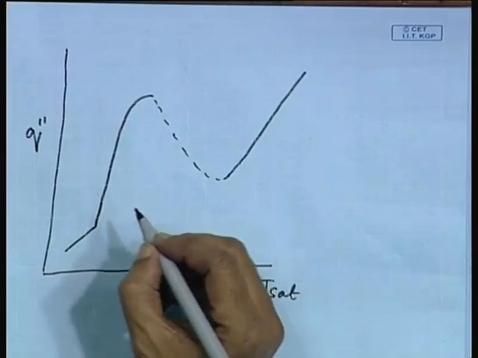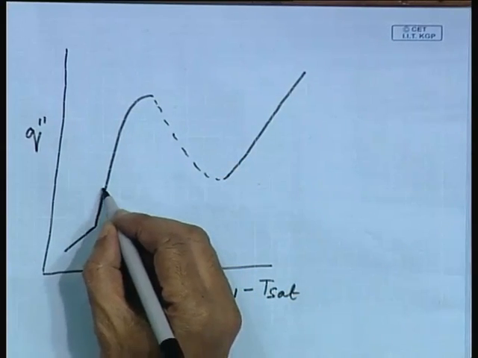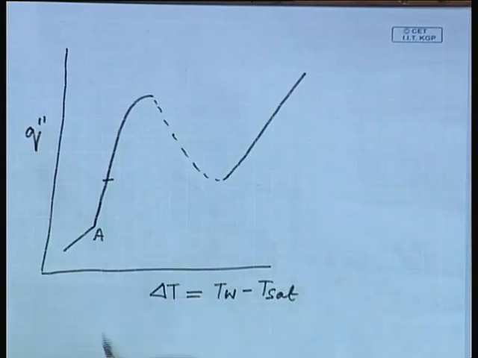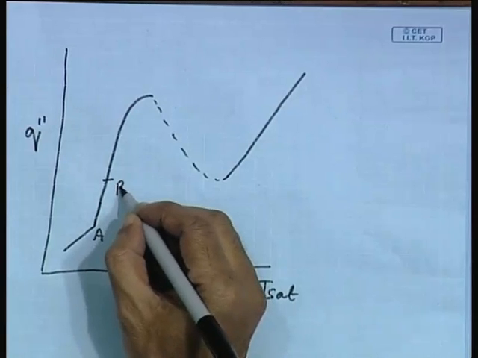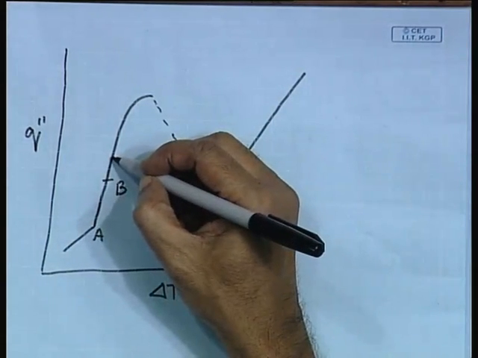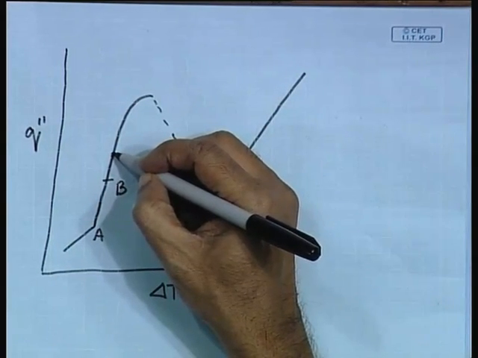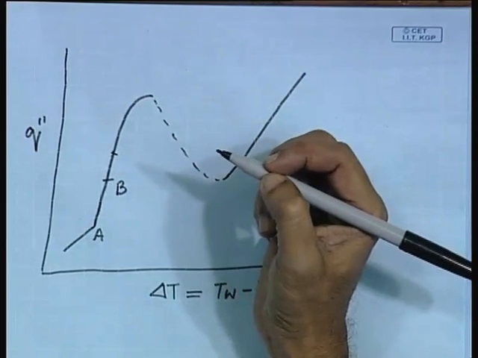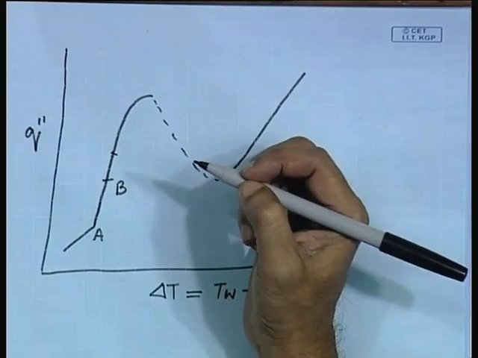As I have mentioned earlier, we have an isolated region of boiling. Let us say the inception of boiling is at point A, and A to B is the isolated bubble region or partial nucleate boiling region. Then we will have a transition from the partial nucleate boiling region to the region of columns and slugs.